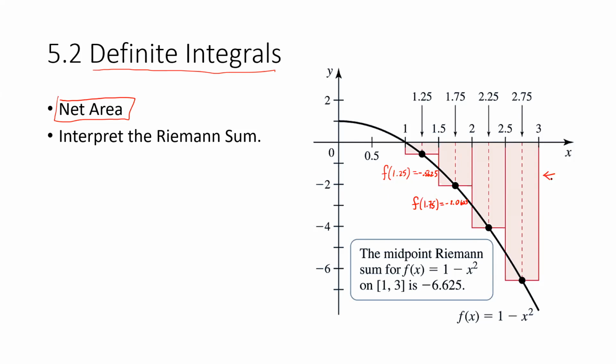So because these are below the x-axis, they have negative function values. So the Riemann sum here actually gives me a negative area.